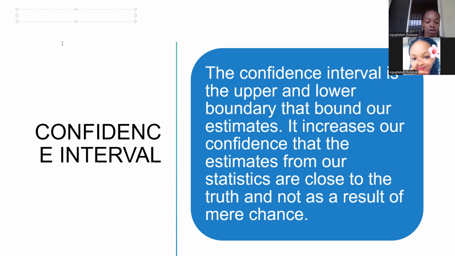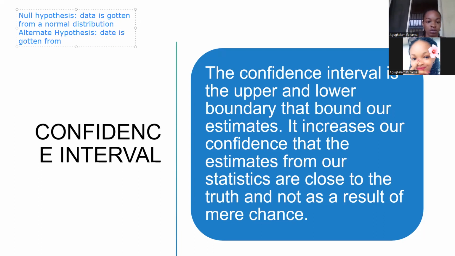Our null hypothesis is that the data for that variable is gotten from a normal distribution, and our alternate hypothesis is that the data is not from a normal distribution.